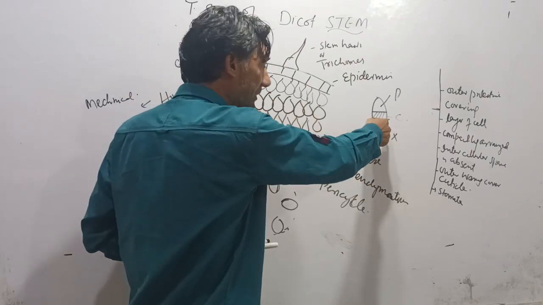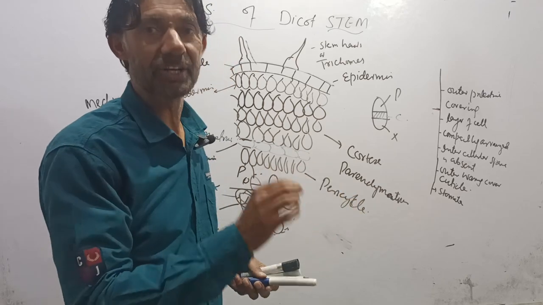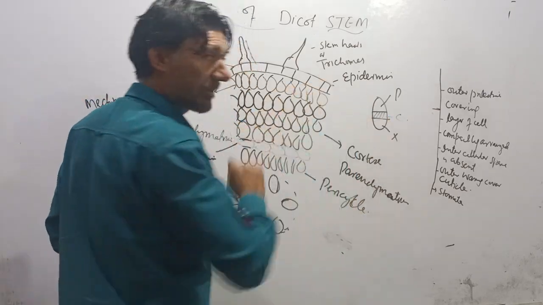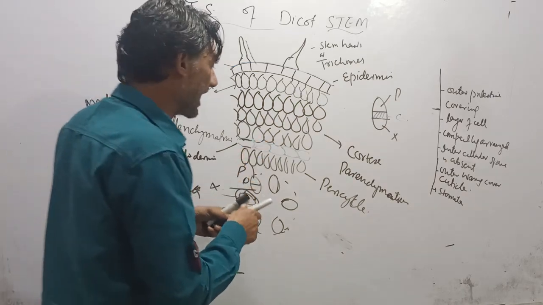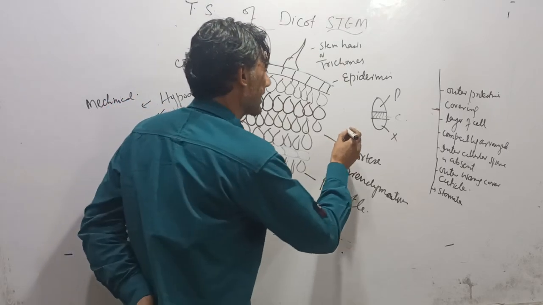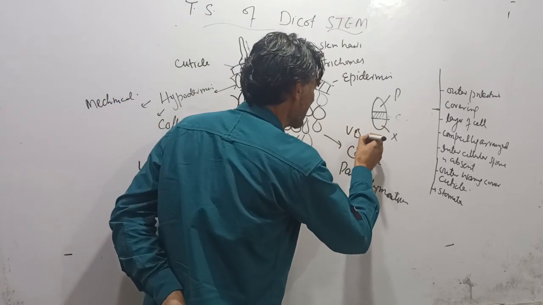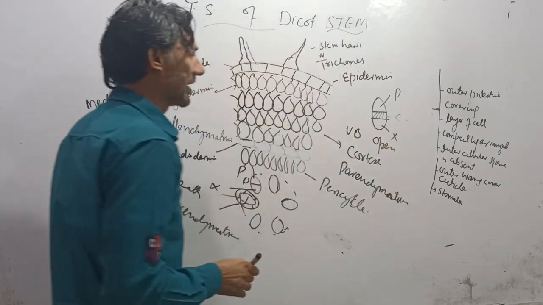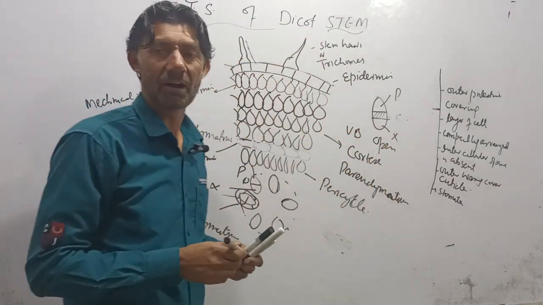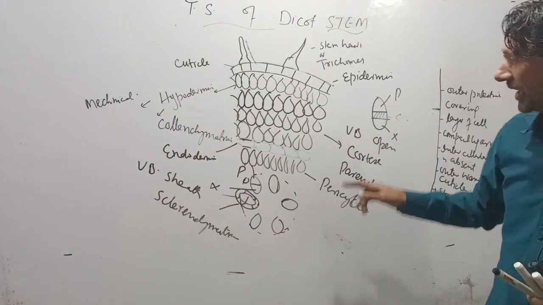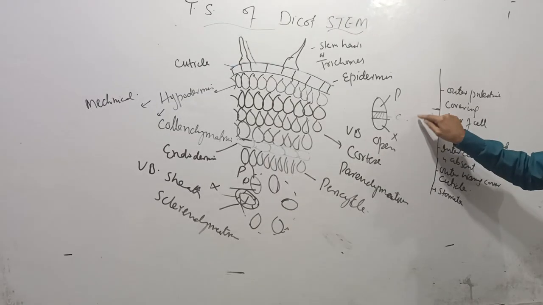Secondary growth is because of cambium. So the vascular bundle in dicots is open, due to the presence of cambium.